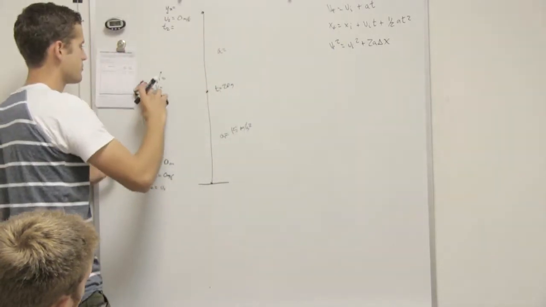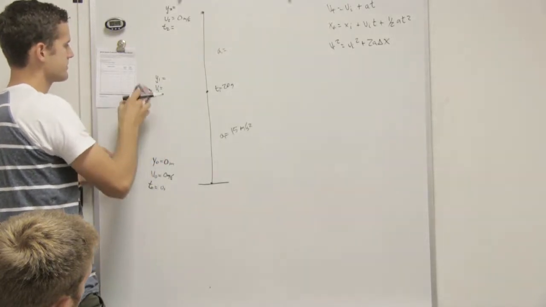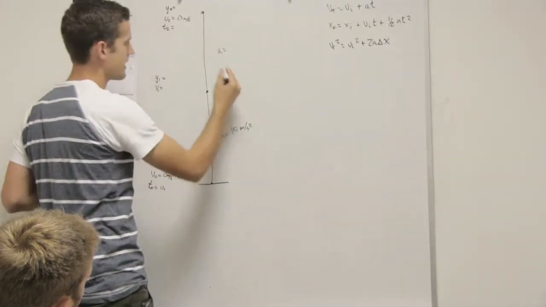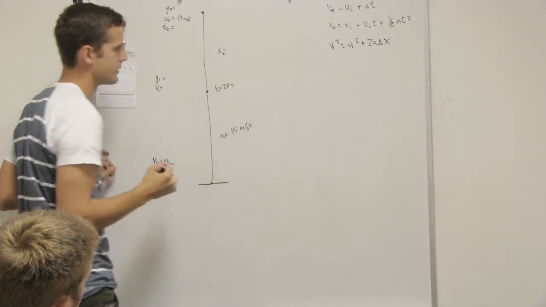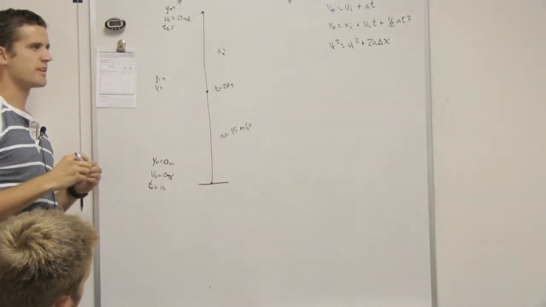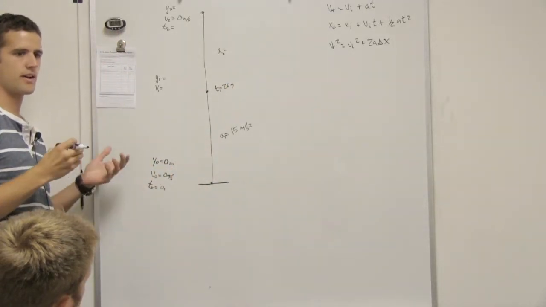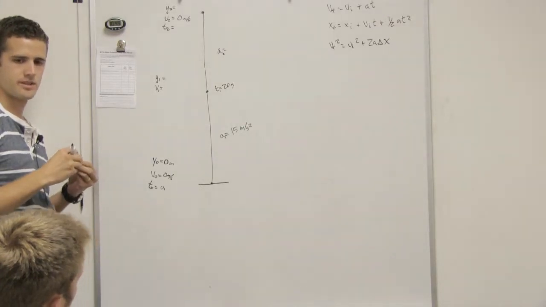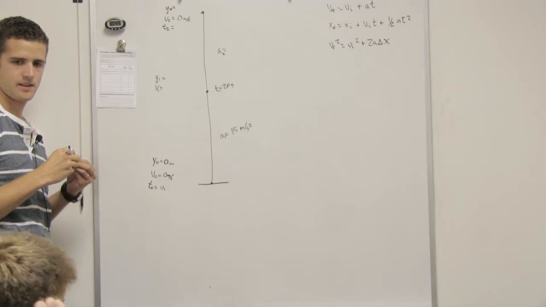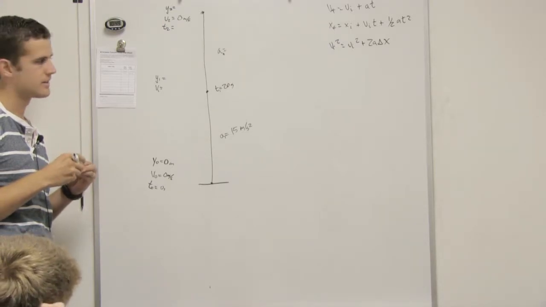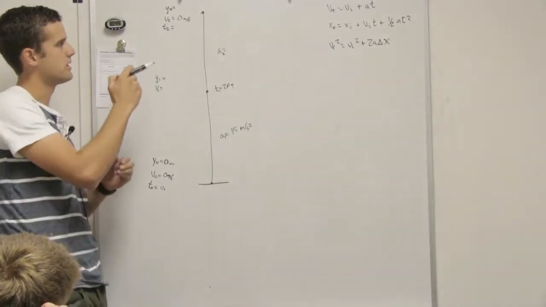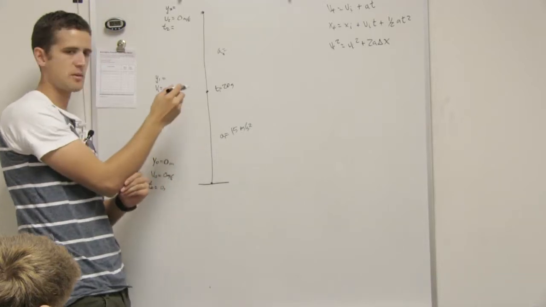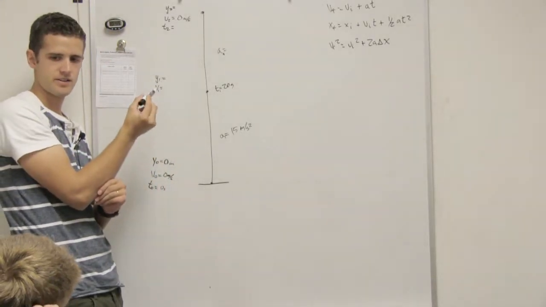And time, we don't know yet. And then acceleration 2: what does it accelerate at after it's run out of fuel? Doesn't accelerate, like 0? Well, that would mean it would just keep going at the same speed forever.